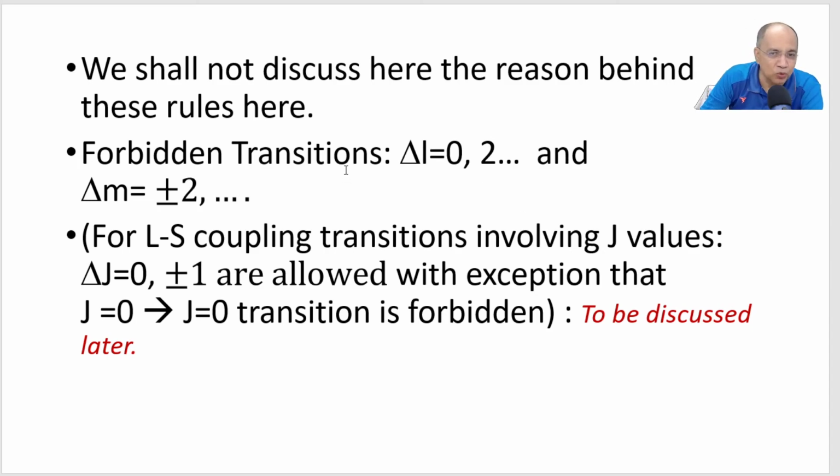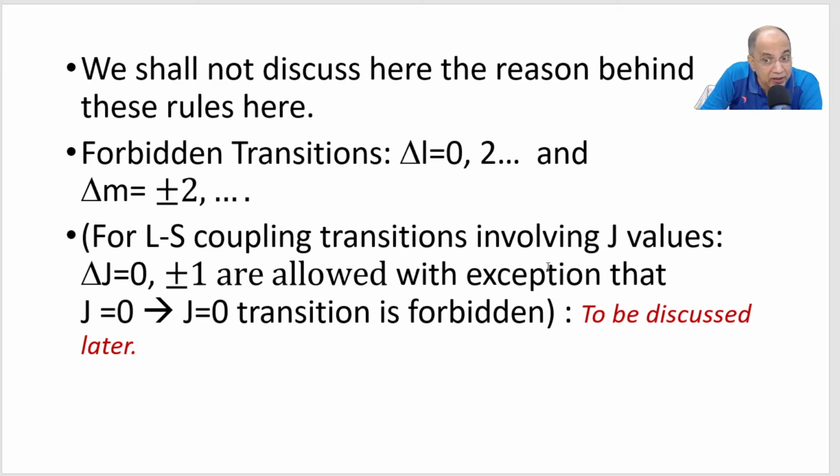Now see, we shall not discuss here the reason behind these rules. Forbidden transitions will be when delta L will be 0 or 2 or 3. And forbidden transitions will be that in which delta M is plus 2. Can be 0 or plus 1 minus 1, but not plus minus 2, plus minus 3.